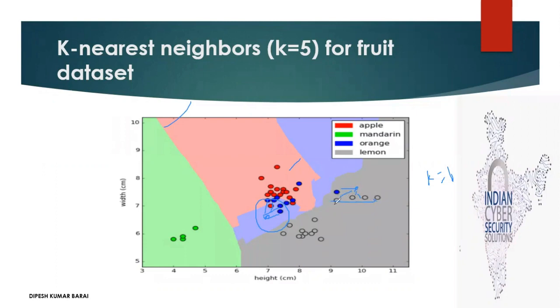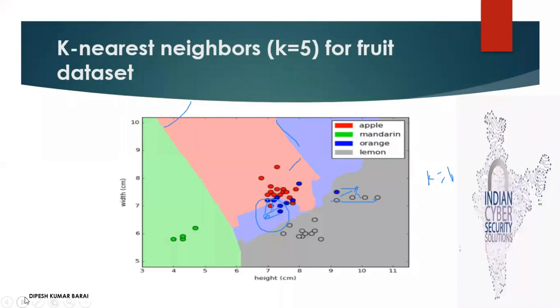Okay, so that's why the decision boundary will change, and we'll calculate the class of the new data point by taking the value of k nearest neighbors.